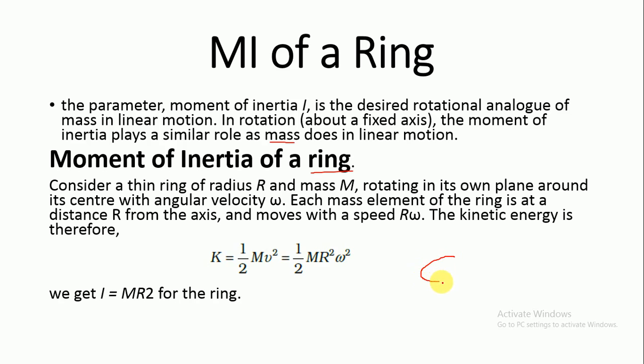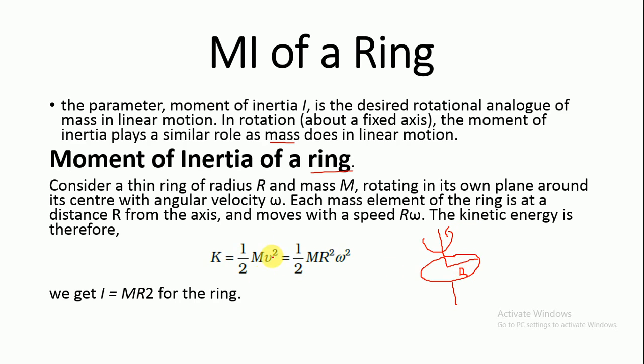So here we are going to consider a thin ring and it is rotating in its own plane about an axis which is passing through its own center, and each mass particle moves with the speed r omega. You see, if the ring is rotating like this about this axis which I have drawn here, each mass particle is moving with the velocity v, which is equal to r omega, because r is the radius of the ring.